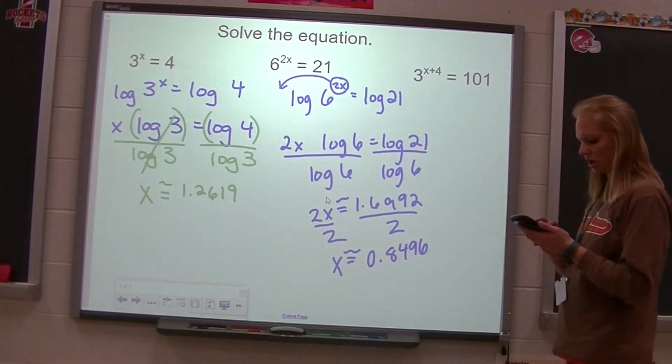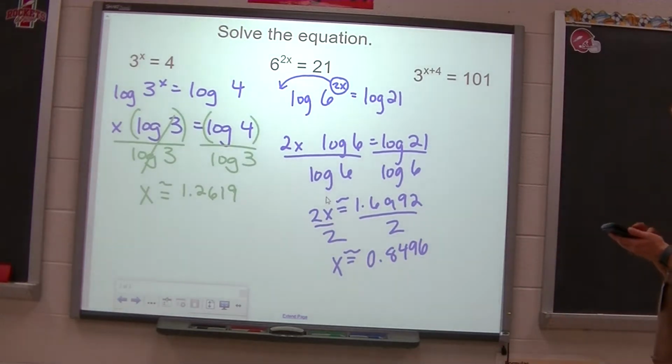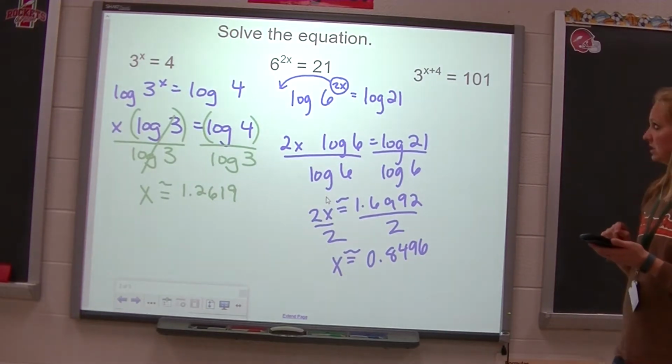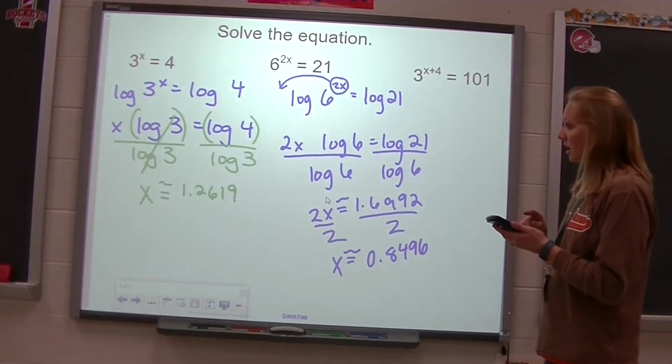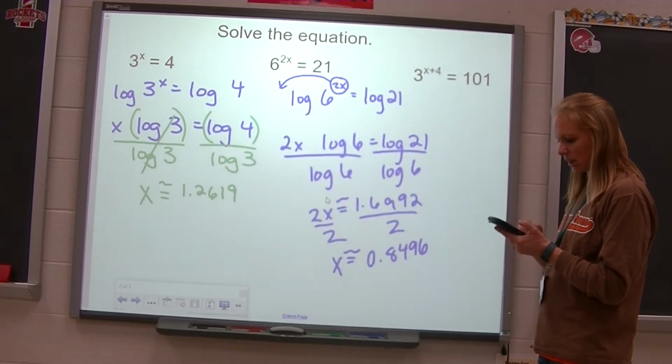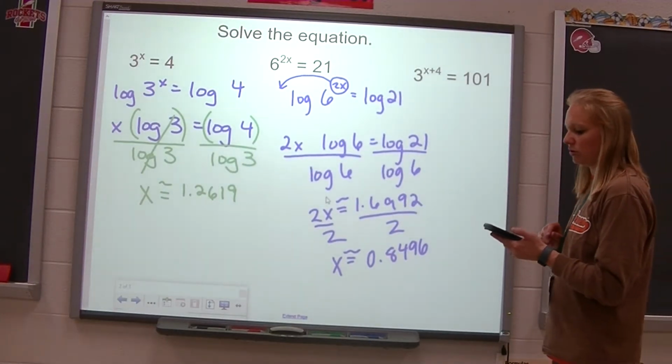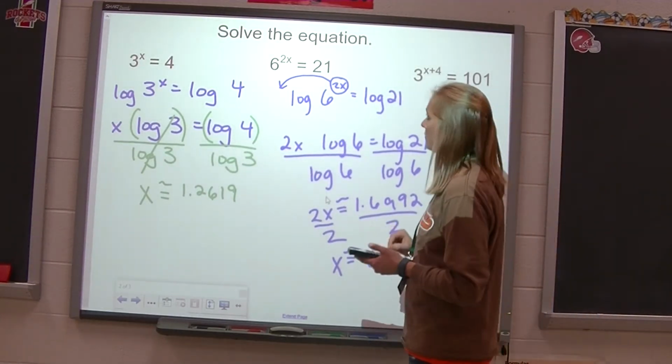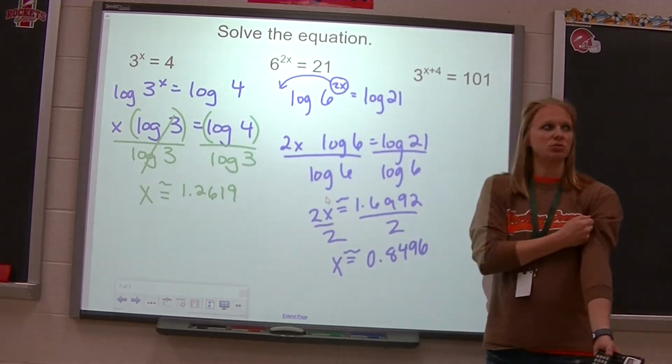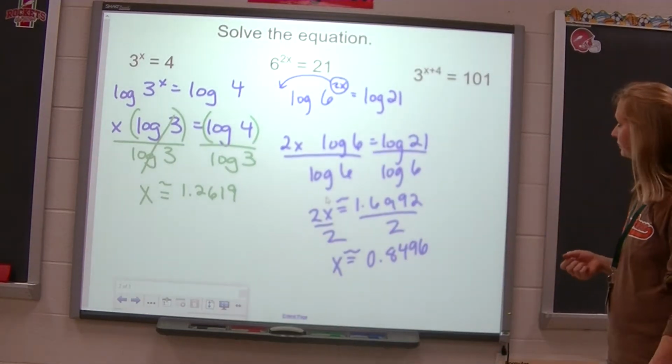And again, we can check. 2 times 0.8496 is 1.6992. And so I'm going to raise 6 to that power, and I get 21.007403. So really darn close to 21, but not 21 exactly.